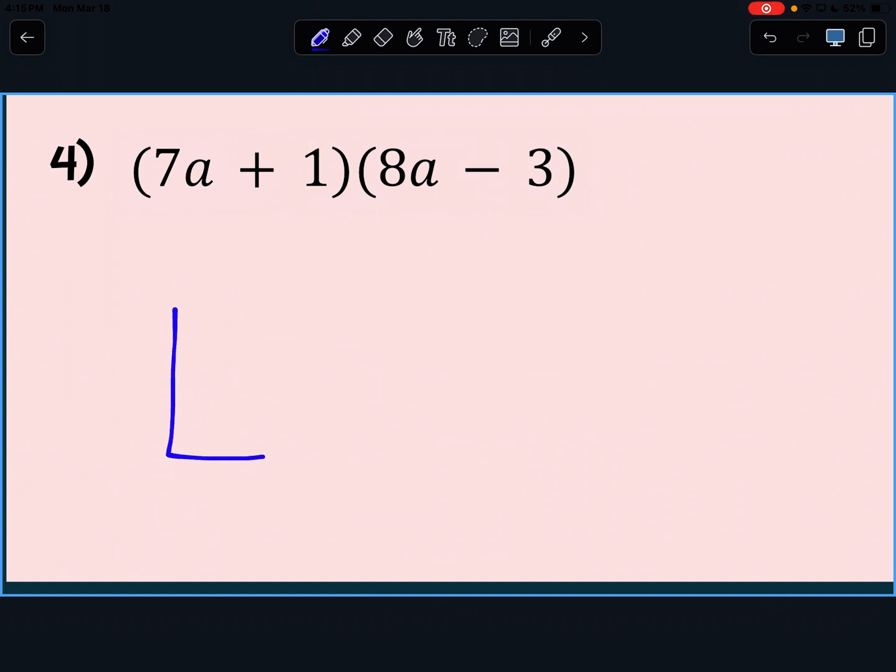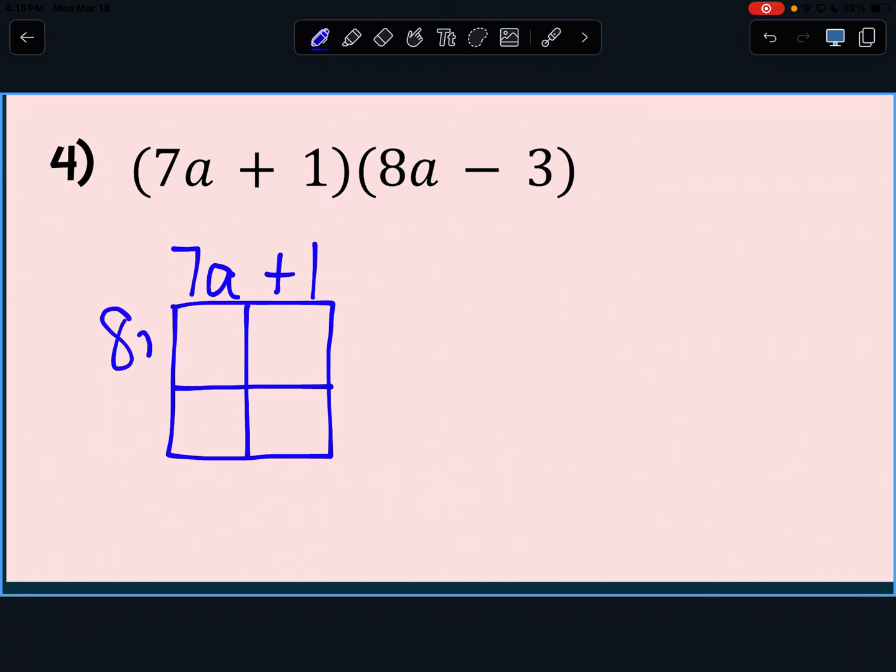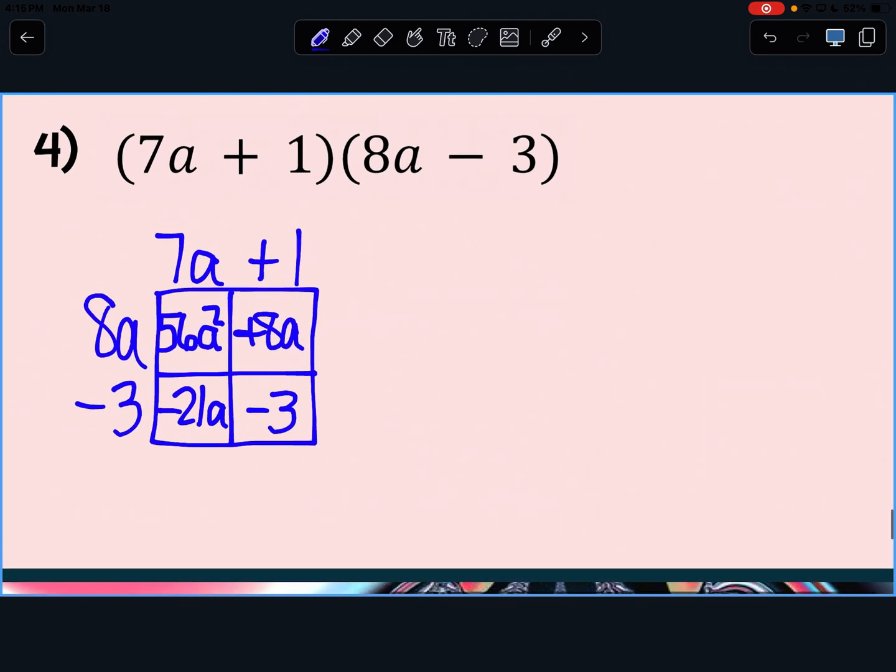Okay, so I draw a 2x2 box. I'm going to put 7a plus 1 on the top and 8a minus 3. Here I get 56a squared plus 8a minus 21a minus 3. And when we pull that out of there, I have 56a squared plus 8a.